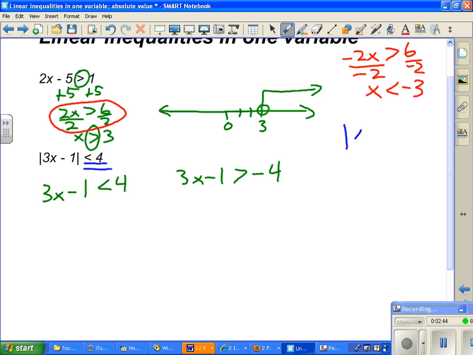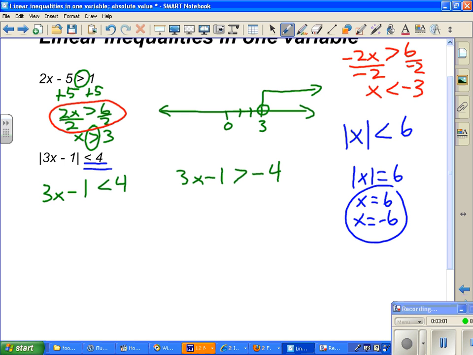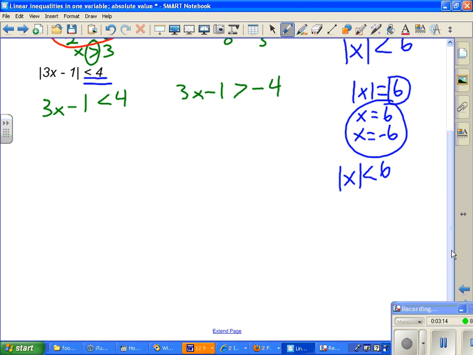Because if I have the absolute value of x, say the absolute value of x is greater than 6. Okay? Well, let's say the absolute value of x equals 6. That means x could be 6 or x could be negative 6, because when I take the absolute value of both of these numbers, I end up with positive 6. Now why do I have to flip the inequality? If the absolute value of x is less than 6, that means any value of x is less than positive 6.